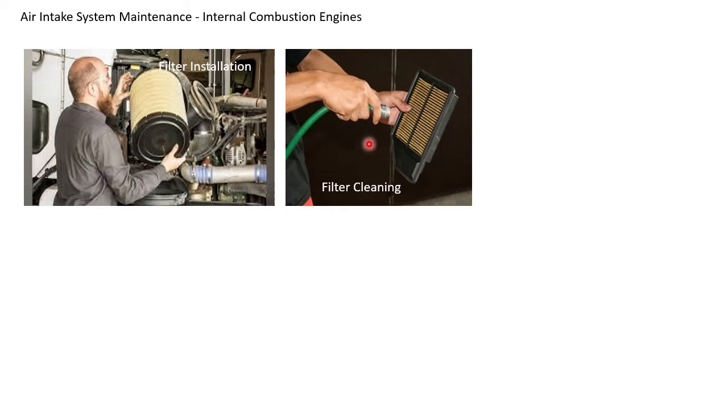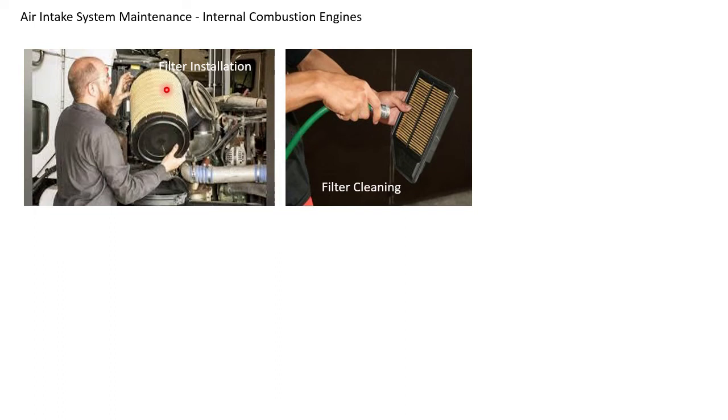Because suppose the air is passing from atmosphere to the engine, from outside to the inside, that is from this side to this side, the cleaning is to be done in the opposite direction. So whatever dust is accumulated, in this direction will be thrown outside.